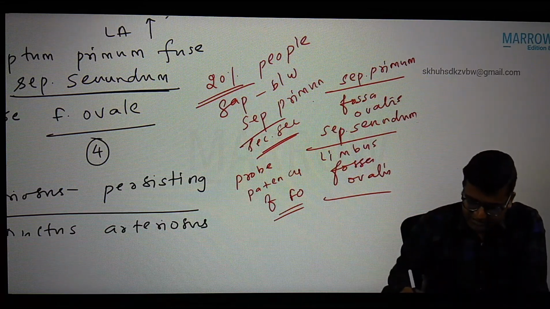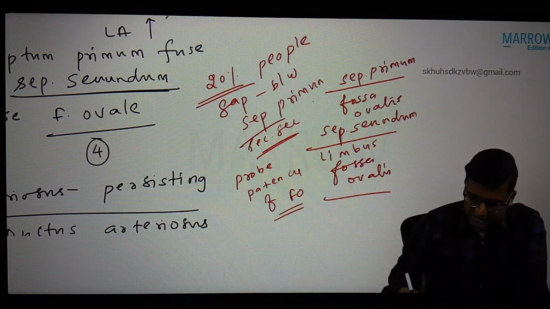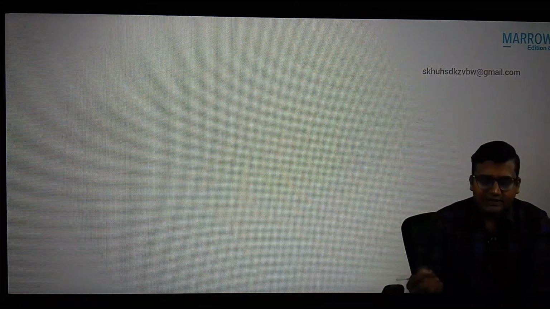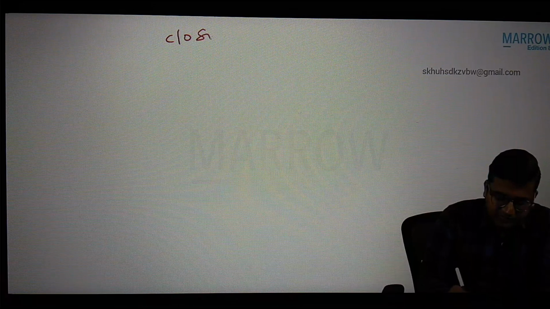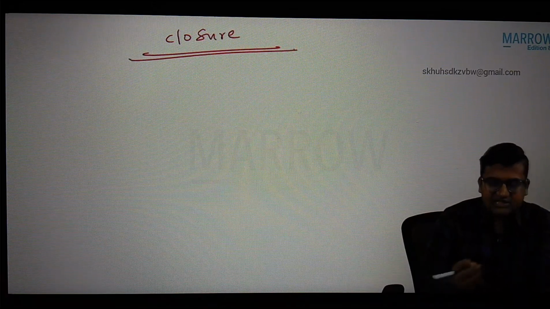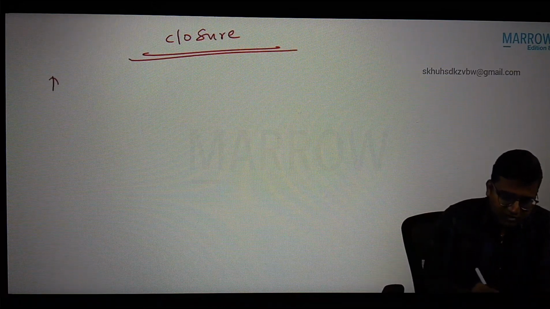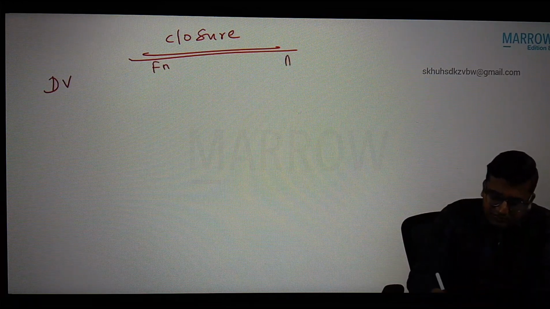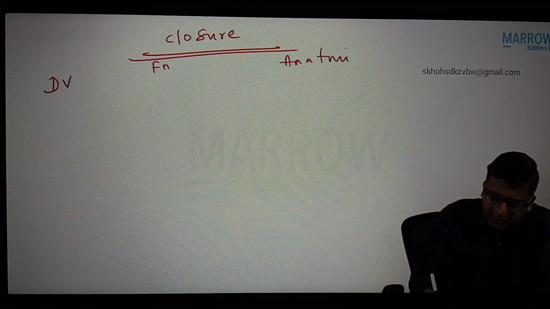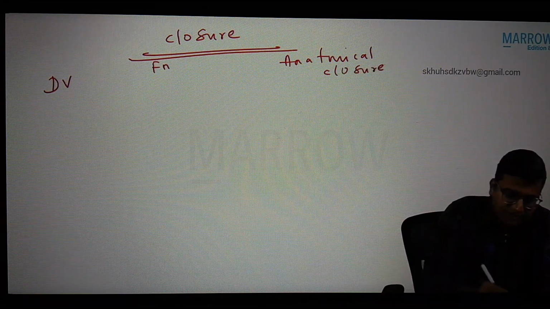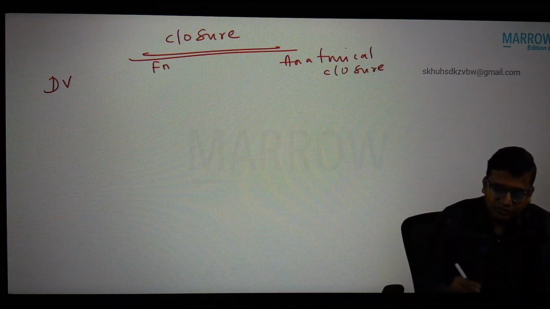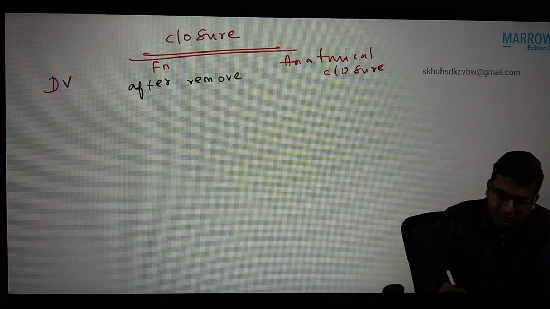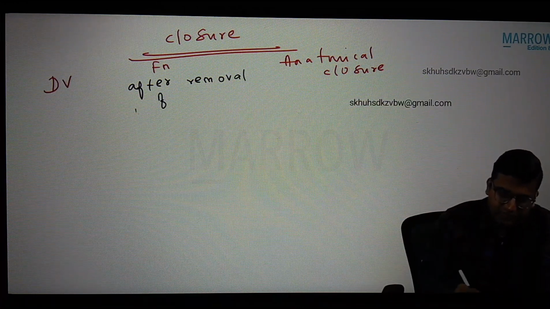Right. So we're going to write one last point in the fetal circulation. Now we're going to write the closure of the various structures. First one, ductus venosus. So functional closure and the anatomical closure. The functional closure will occur after the removal of the placenta.